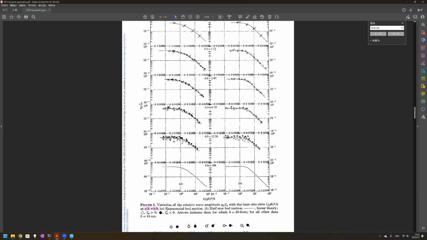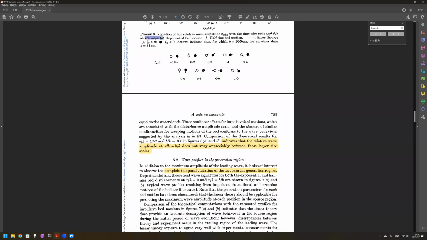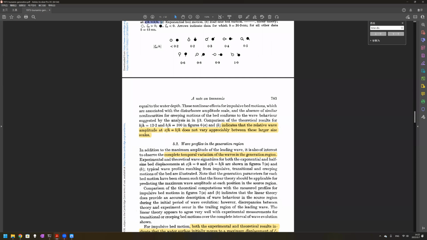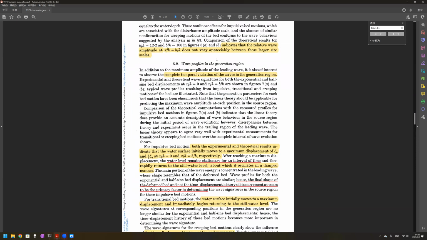And this is the graph for x equals b, where you can also see that the linear theory and experiments fit pretty well. Then we look at the wave profiles at the generation region, which is from negative b to b.